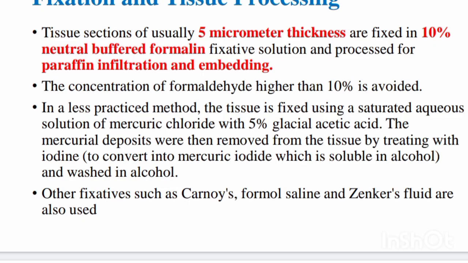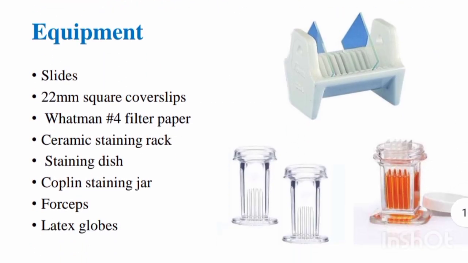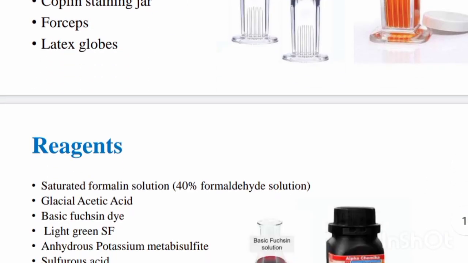Next we have the equipment. There are slides, cover slips, Whatman filter paper, ceramic staining rack, staining dish, Coplin staining jar, forceps, and latex gloves. These are the equipment used in fixation and tissue processing to identify and localize the nucleic acids.